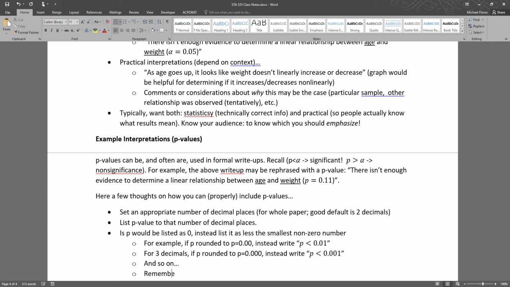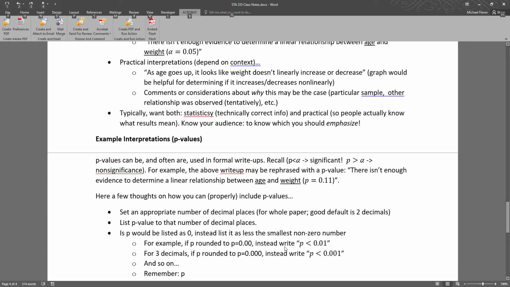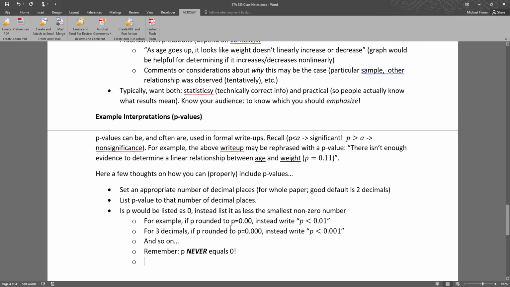Remember though, p never equals 0. So we never, ever, ever want to write this p equals 0.